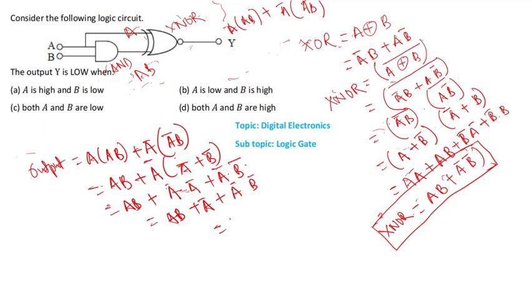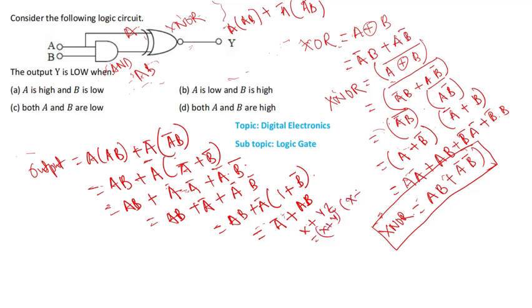If we take A bar as common, we get 1 plus B bar, and 1 plus B bar is 1. Then we'll have A bar plus A into B, right? We know that if we have X plus YZ, we can easily write X plus Y into X plus Z, right?